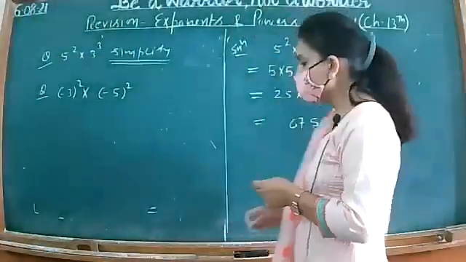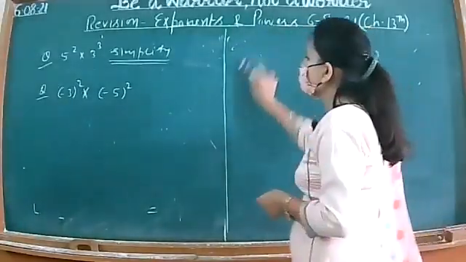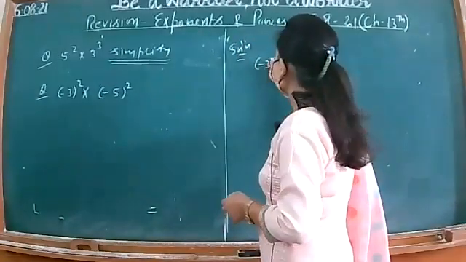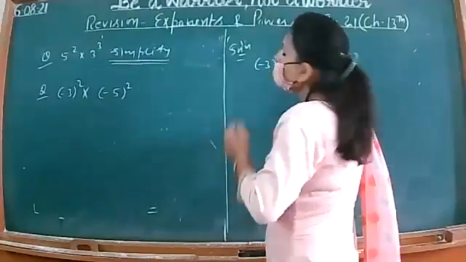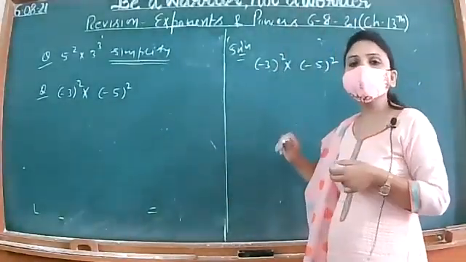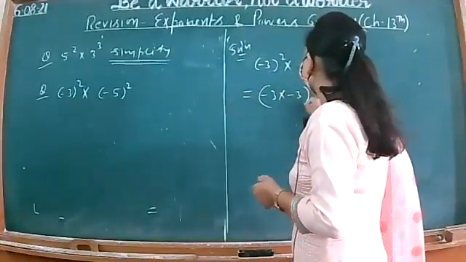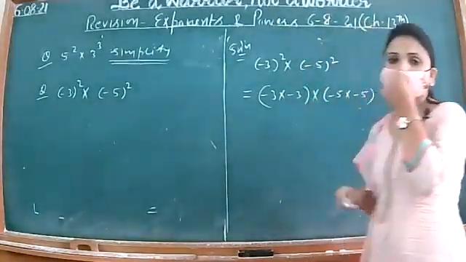Chaliye. So minus 3 square into minus 5 square. Solution. This equals minus 3 square, which means minus 3 will be written 2 times, and minus 5 square means minus 5 will be written 2 times. Right?